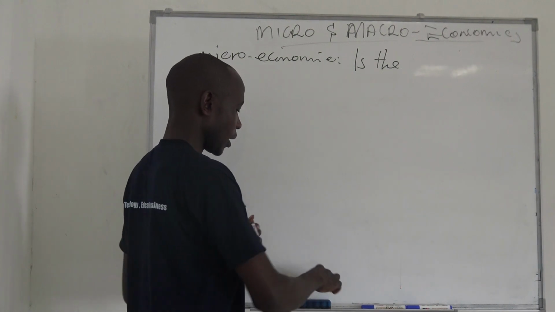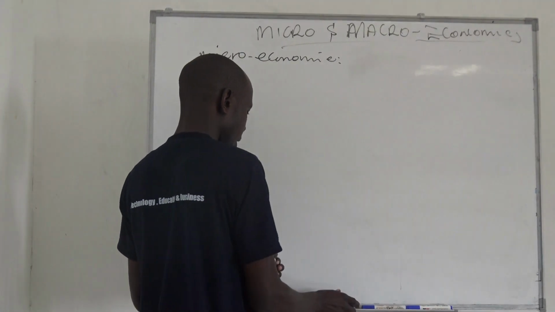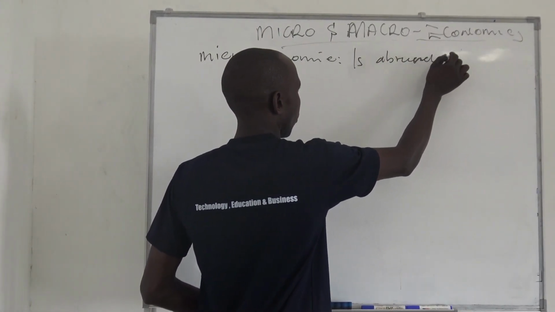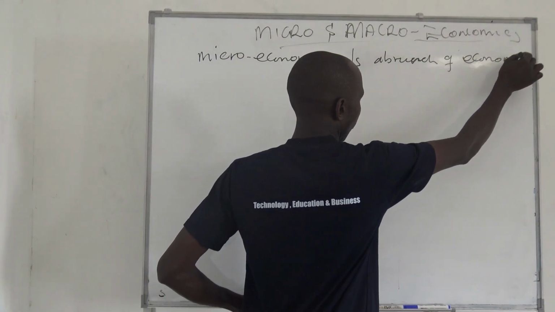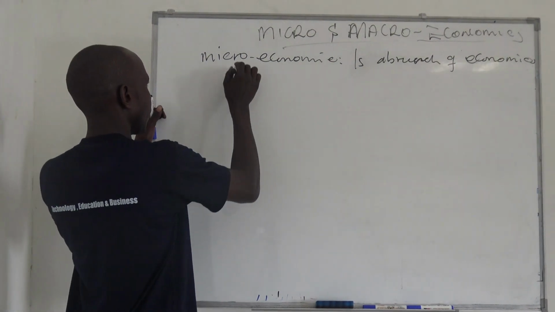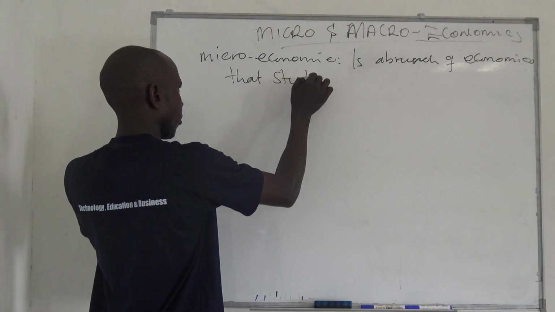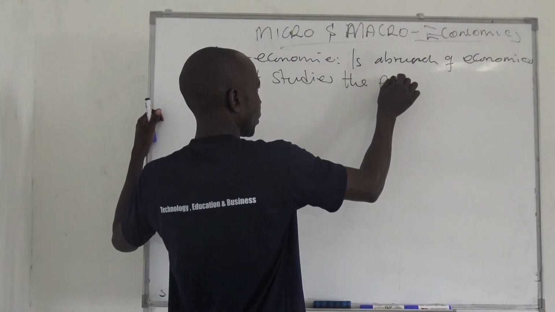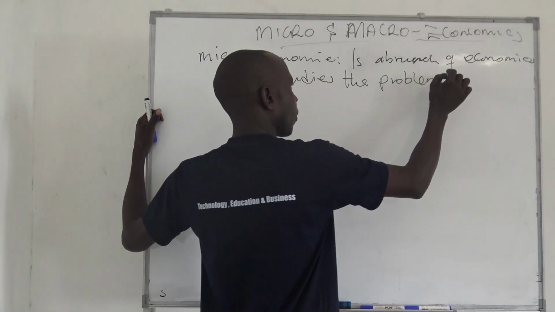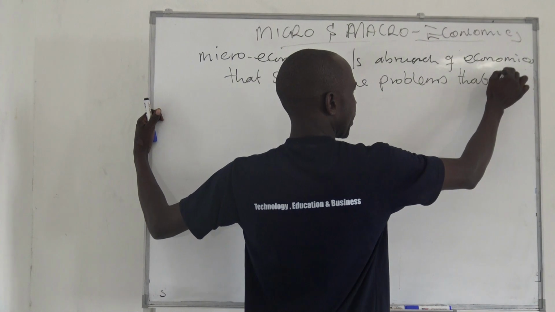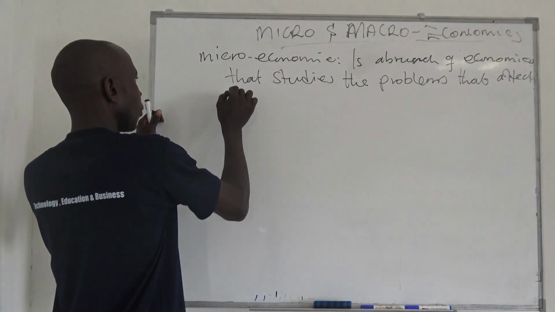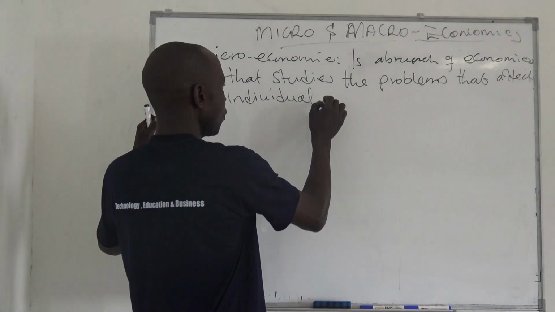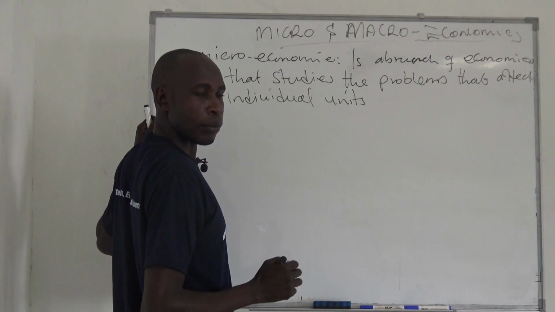Maybe let me first give it like this: that is a branch of economics that studies the problems that affect individual, are we together? Individual units of the economy.